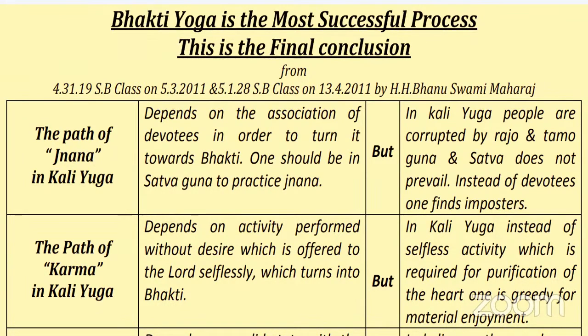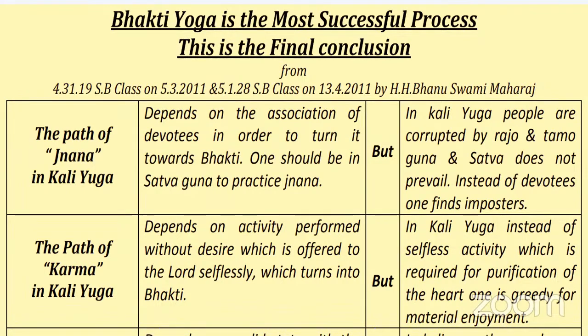And one more thing is that one should be in sattva guna to practice jnana yoga. But we know that sattva guna is not available in Kali Yuga without rajoguna and tamoguna. So sattva guna is mixed with rajoguna and tamoguna. Pure sattva guna is not available.